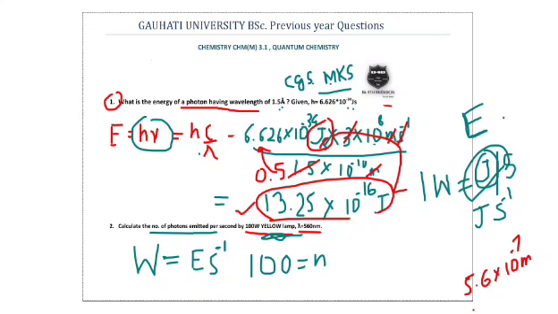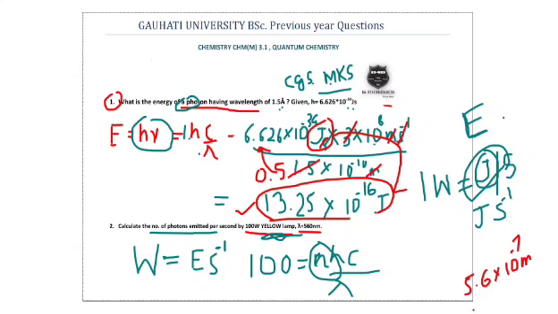Now what is n? Nothing to be afraid of, n is simply the number of photons. We did not use n earlier because a single photon was given, so n is equal to 1 in that question. But here we have to find the number of photons, that is why we have to use this notation n.